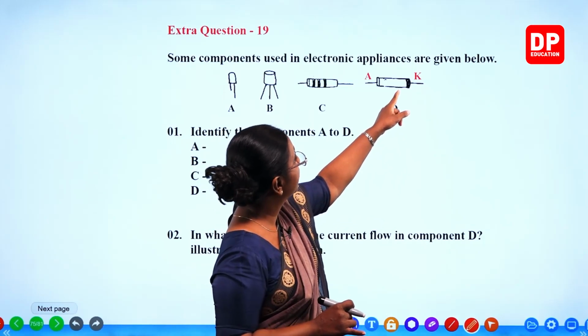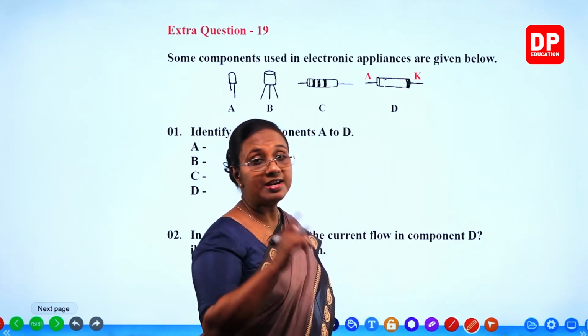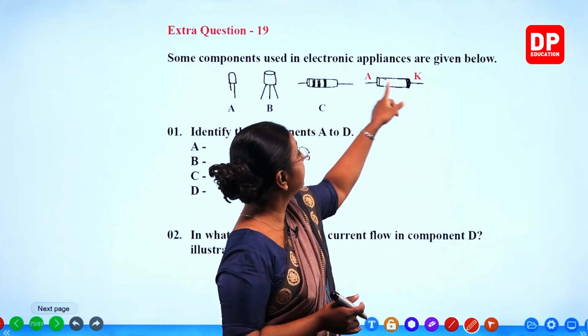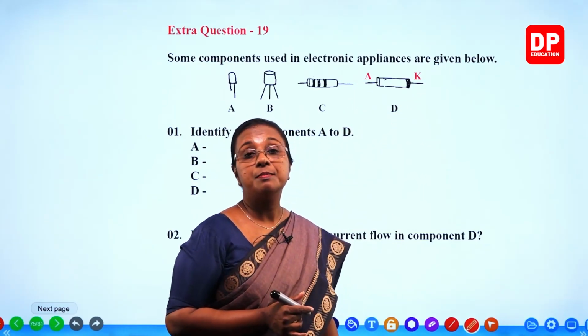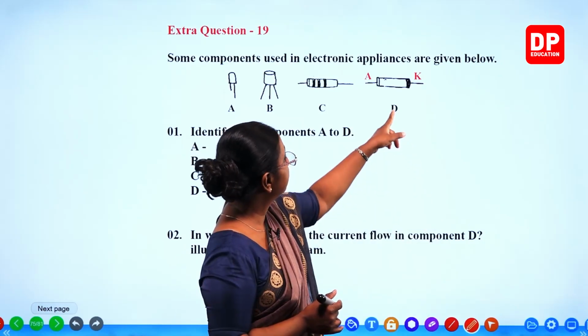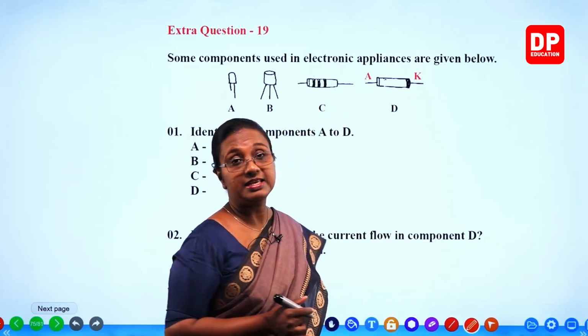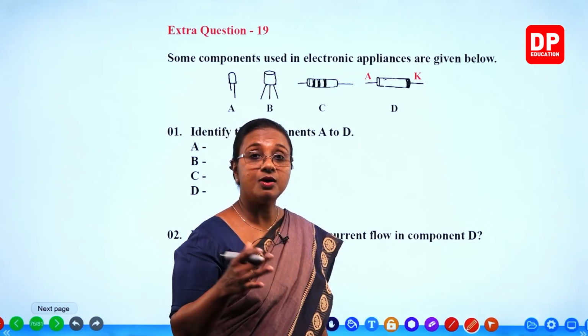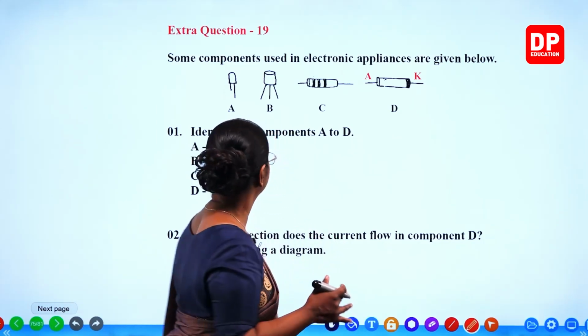Whereas in D, you can see here, this is one line at one end. And also A and K, anode and cathode, are marked there. So that means D is a diode and C is a resistor, a fixed value resistor. That is how we identify the different components.